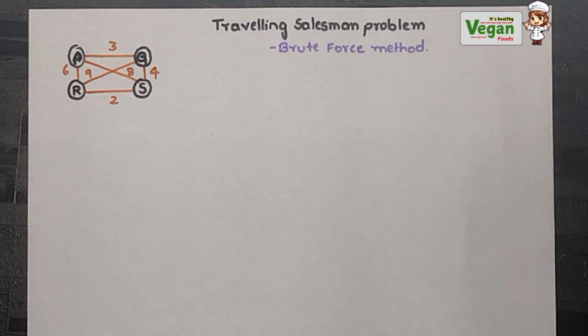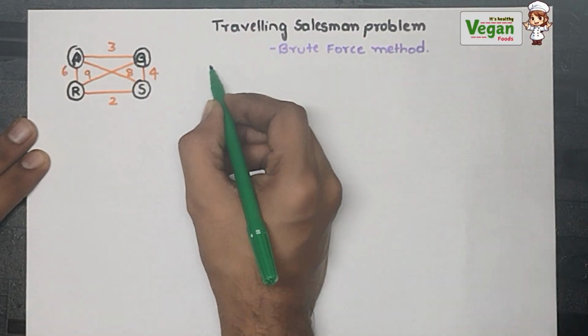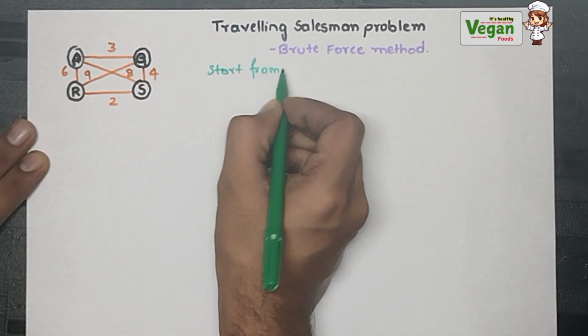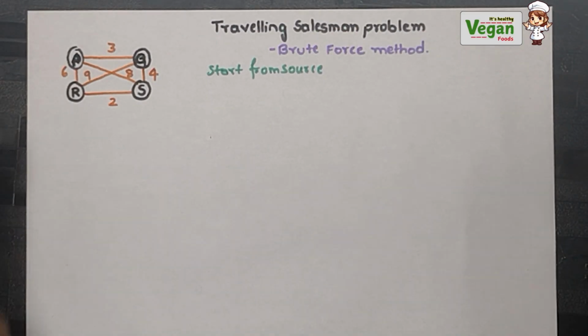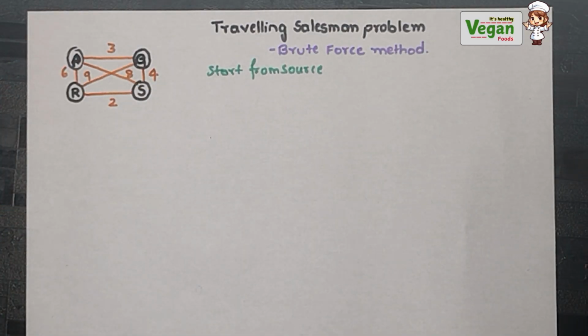So how to solve the traveling salesman problem using the brute force method? What the traveling salesman problem says is, a traveling salesman starts from a source. He will start from the source. The source may be his home or hometown. Let us consider it as P. If he starts from P, after the evening, what will the salesman do?